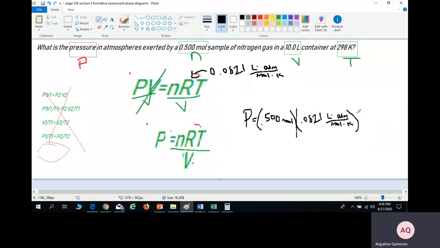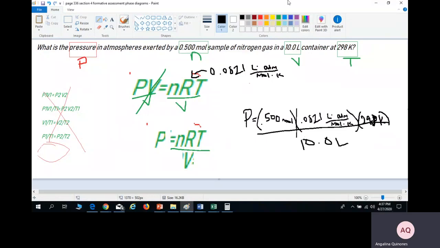And my unit was Kelvin. All right, and then all of this is over volume, so divide everything by the 10 liters.